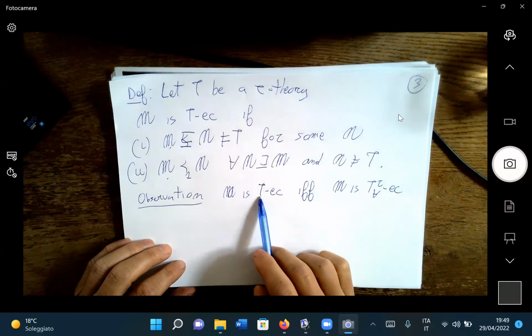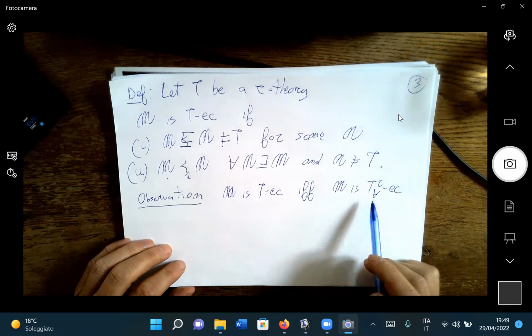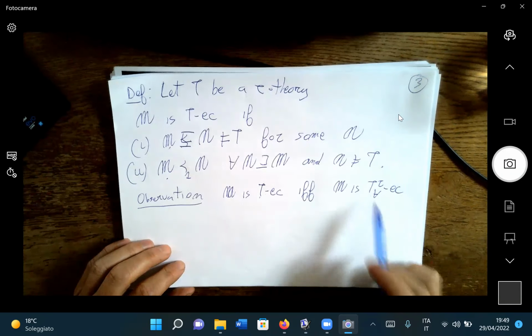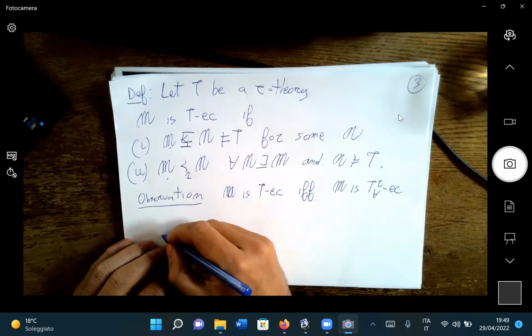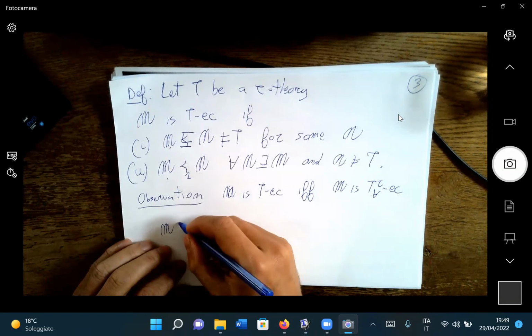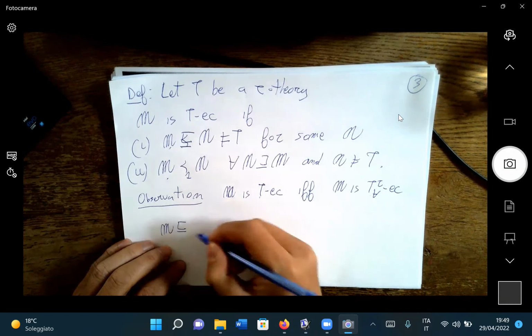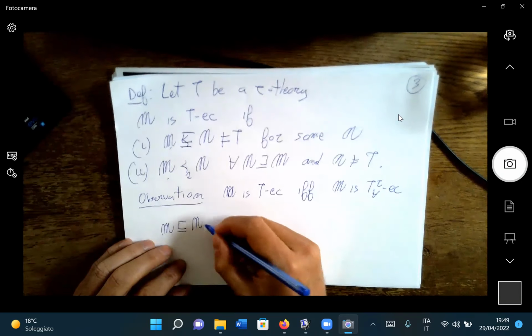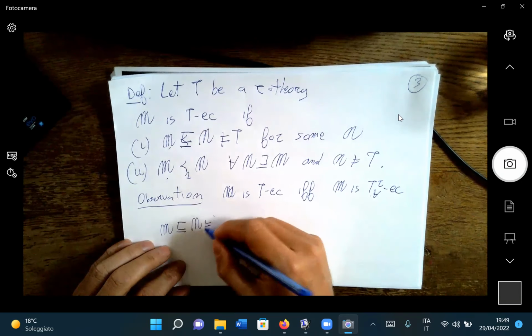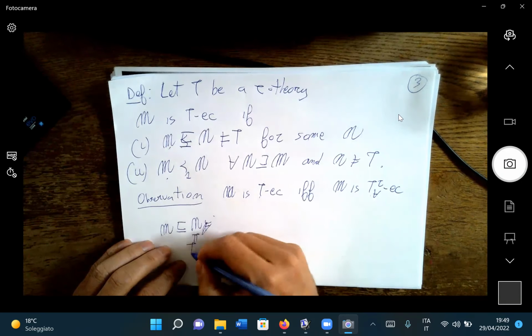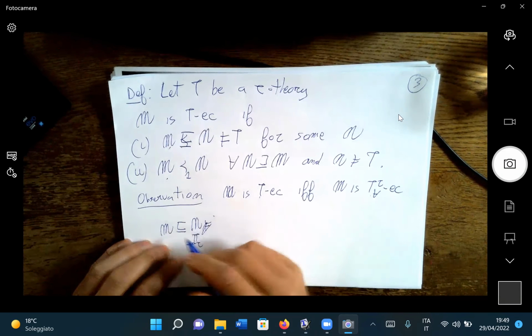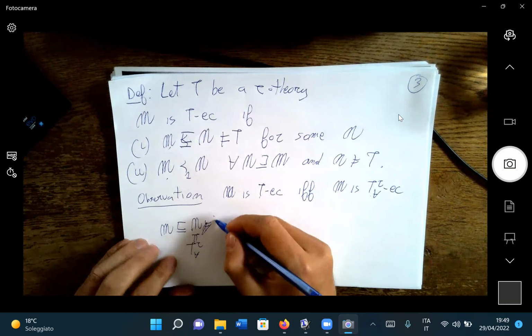So it does not depend really on the theory T, it depends just on the universal fragment of T. And why is that the case? Well, you take M, you get the superstructure N which models T for all tau, and you want to show that it's sigma 1 elementary.